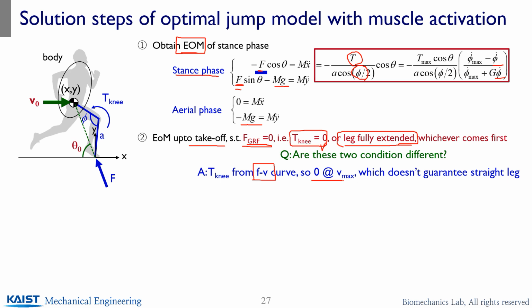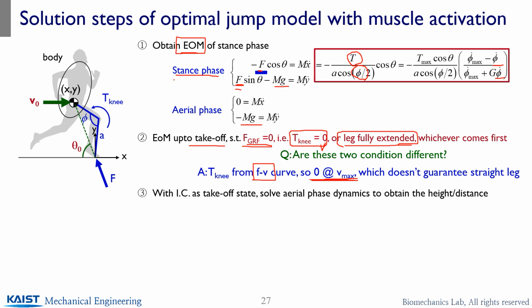It turns out to be 0 when it reaches the maximum contraction speed, right? So this could be 0 without relationship to the leg straightening. And whenever the leg is straightened, usually the next step is you take off, right? So we set the two conditions, either the knee torque is 0 or the leg is fully extended, as a termination condition here.